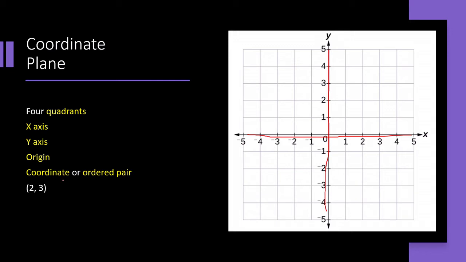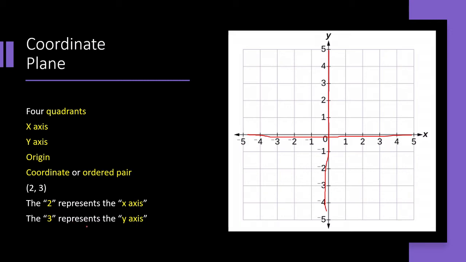I still call them coordinates most of the time. So we have right here 2 comma 3. This is an ordered pair where the first number, in this case the 2, represents the x-axis, and the second number, the 3, represents the number on the y-axis.